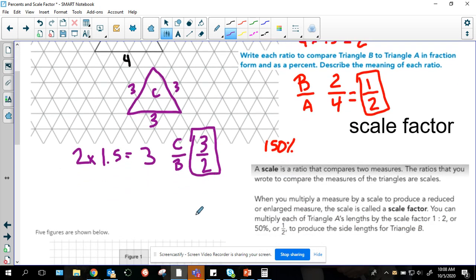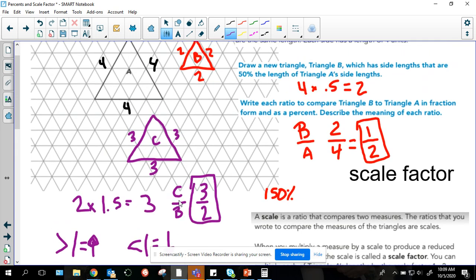One thing to keep in mind when you are doing scale factor, if your scale is greater than 1, that means we are enlarging the figure. Okay, we're going to make it bigger if it is greater than 1. If your scale factor is less than 1, that means we are making that figure smaller.